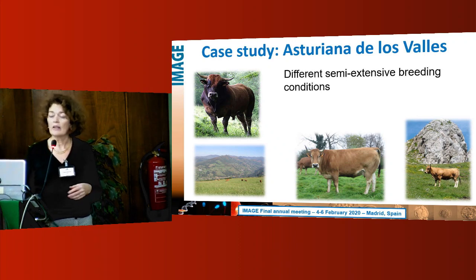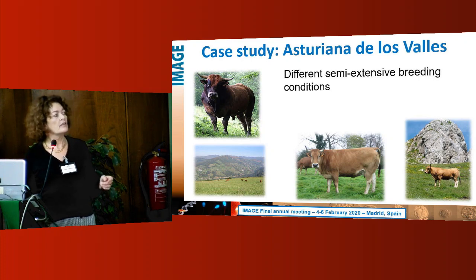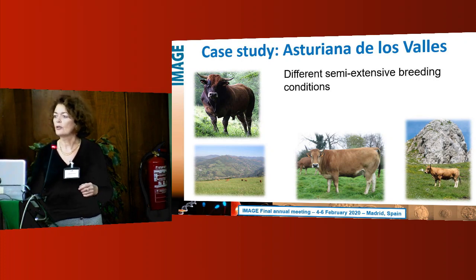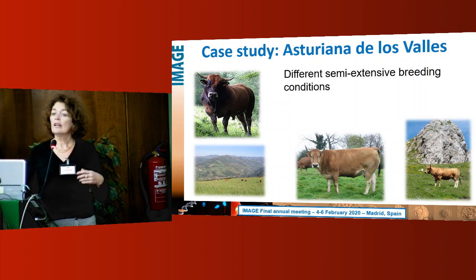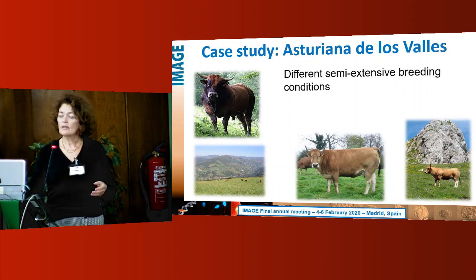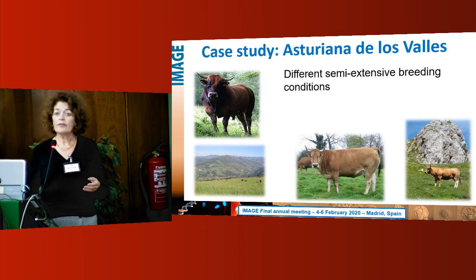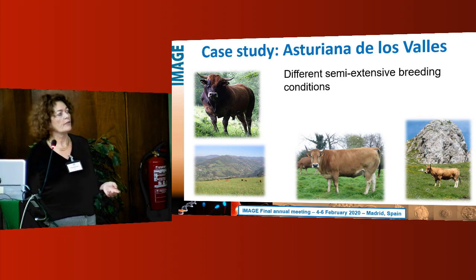There are bears. Well, in the last years, there is also an intensive production of Asturiana de los Valles in improved fields. And in the last years also, there is a replacement of the dairy farms with Asturiana de los Valles. This is one characteristic because it's quite specific.